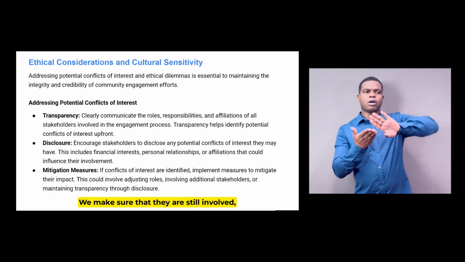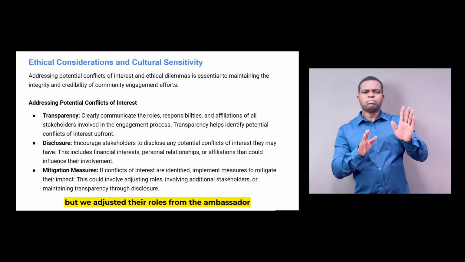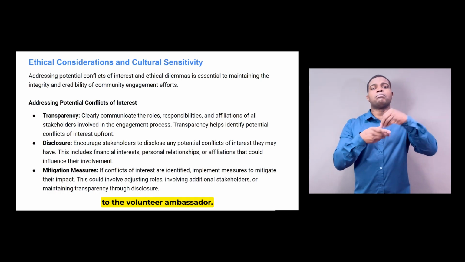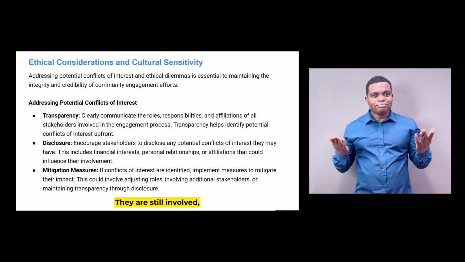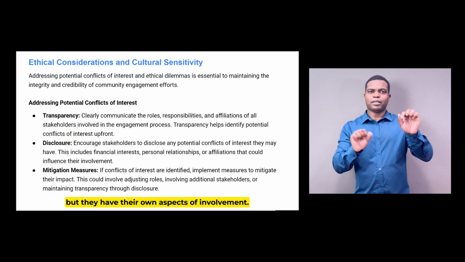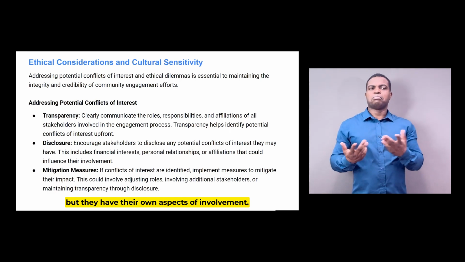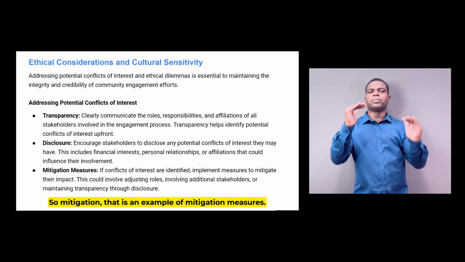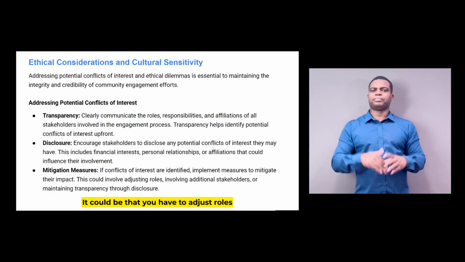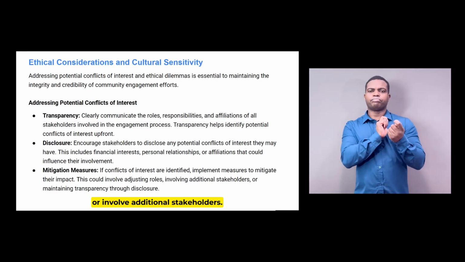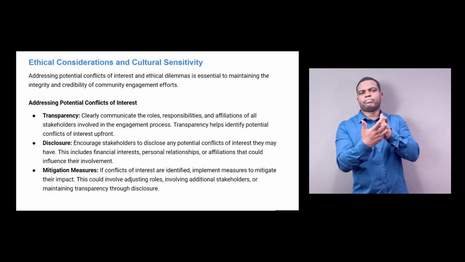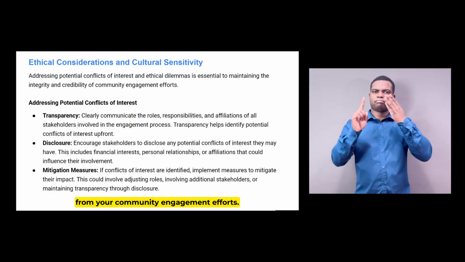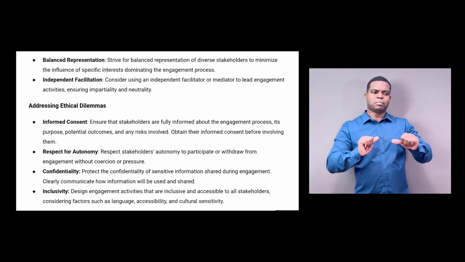We made sure that they are still involved, but we adjusted their roles from ambassador to volunteer ambassador. They are still involved, but they have their own aspects of involvement. So that is an example of mitigation measures. It could be that you have to adjust roles or involve additional stakeholders so that you will have better outcomes from your community engagement efforts.